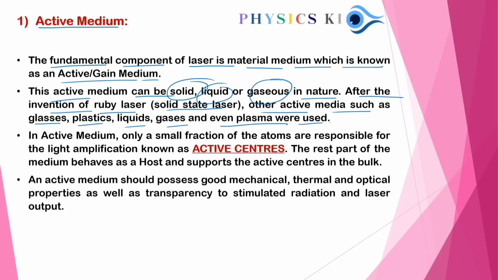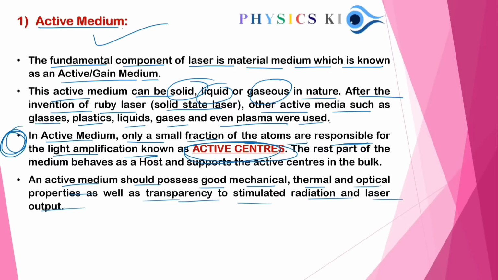The main point is that in an active medium, only a small fraction of atoms, known as active centers, are responsible for light amplification. An active medium should possess good mechanical, thermal and optical properties as well as transparency to the stimulated radiation of the laser output. So this is all about the active medium.